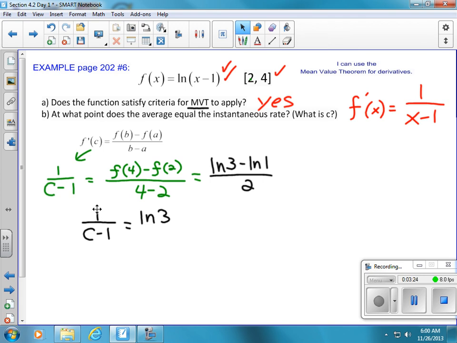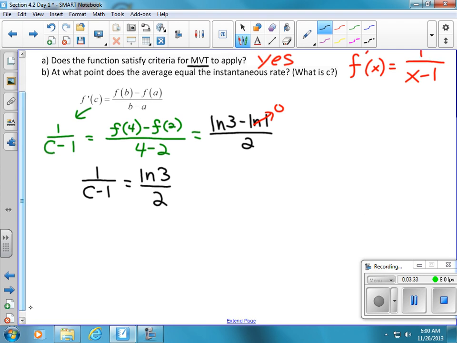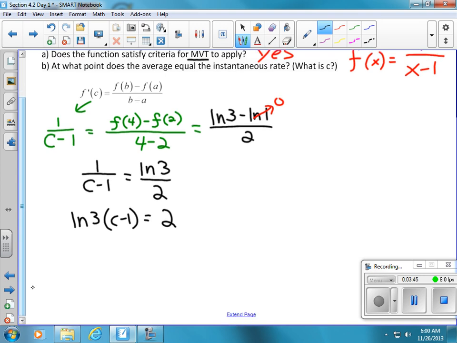Remember that ln of 1 is equal to 0. So we have ln of 3 over 2. Now, the way we can solve this is just cross multiply. That's what I would do. So ln of 3 times c minus 1 equals 2. This cross equals that cross.